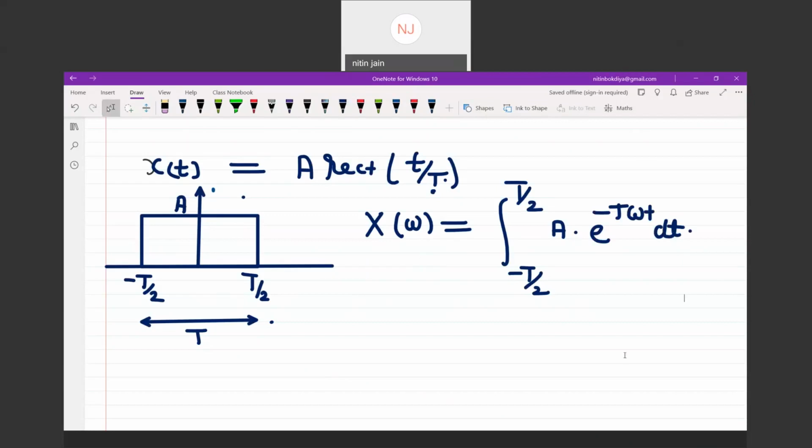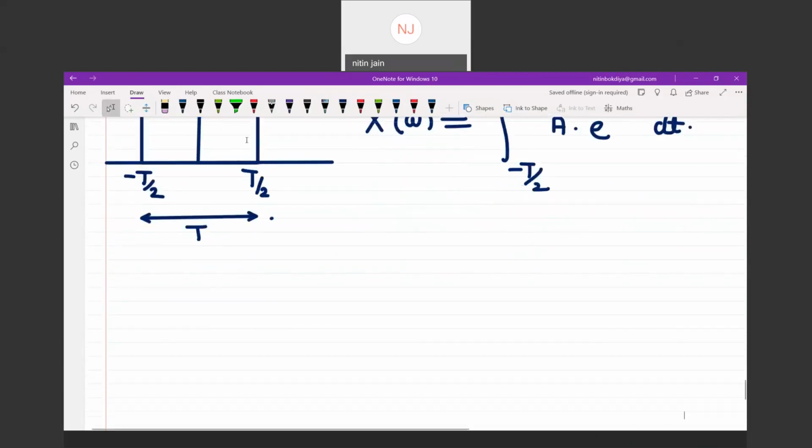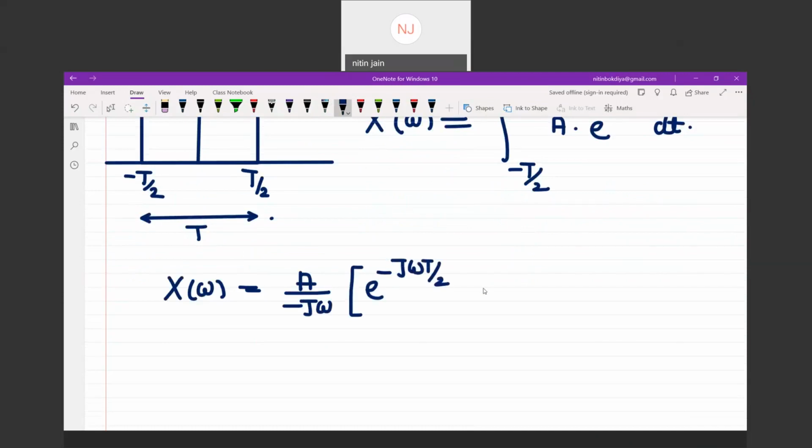So x of omega is a, which is common, divided by minus iota omega, times e to the power minus j omega T by 2 minus e to the power j omega T by 2. This is the idea.